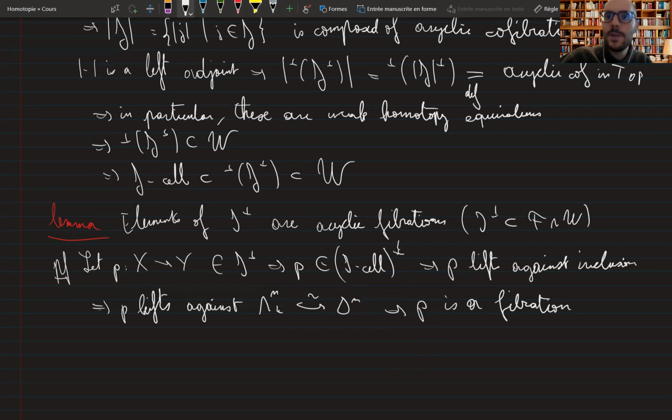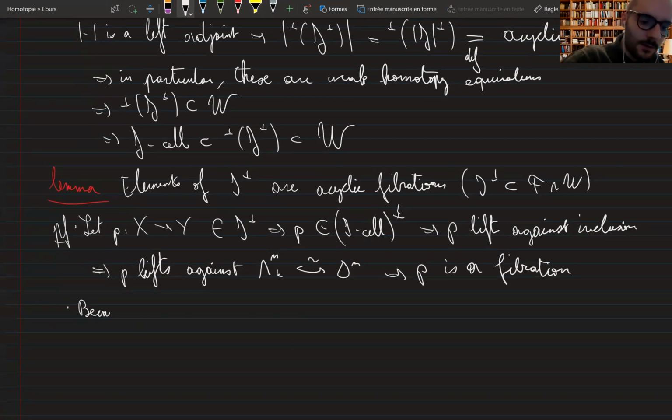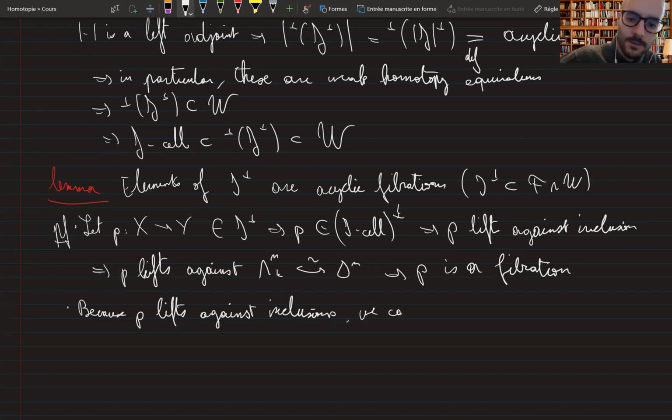Now we need to prove that P is actually a weak equivalence. So we need to prove that the geometric realization of P is a weak homotopy equivalence. So this was the first part. So now because P lifts against inclusions, we can also find a lift in this diagram.